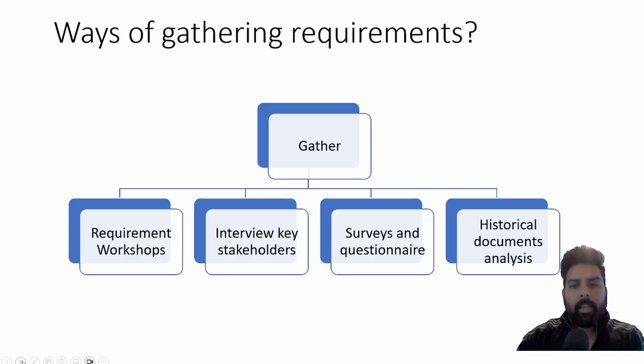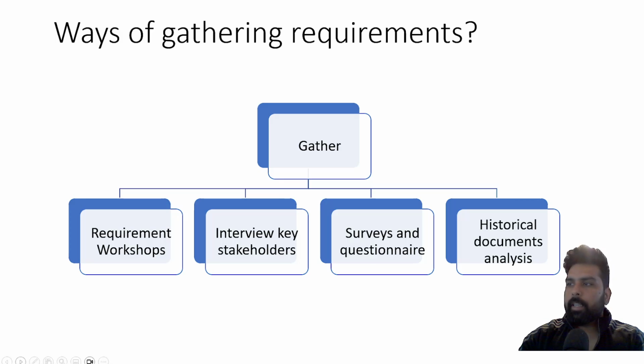And one of the key analyses which we also do is the historical document analysis, which gives us an understanding of how their processes work, what pain points they are having, what sort of issues they are having, and how their business works. This historical documentation may or may not be available with each and every customer, but if it is available, it is really helpful for us to understand their key requirements.